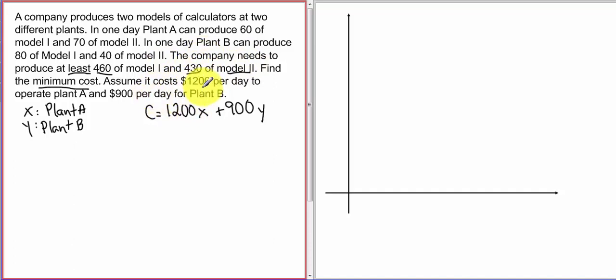So that's why I set up the minimum cost function first, so that I could figure out $1,200 per day for one thing, $900 per day for the other. So that tells me that Plant A and Plant B are going to be my two variables.